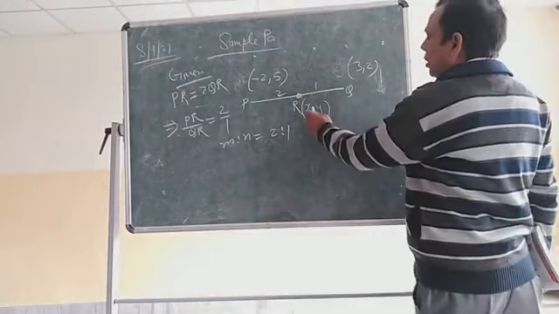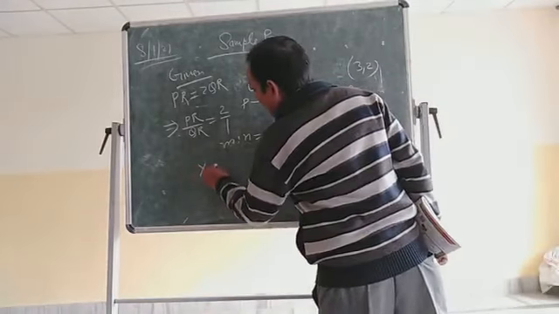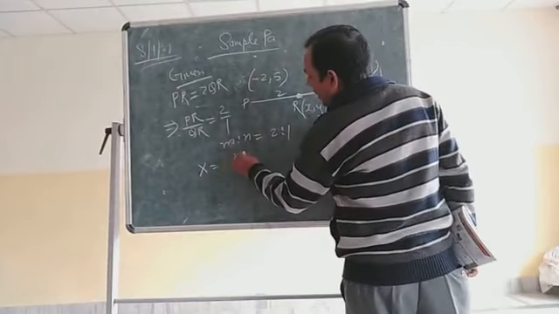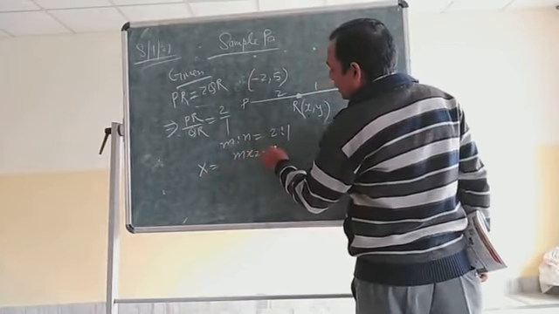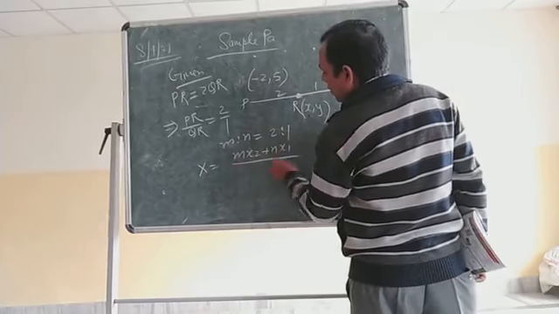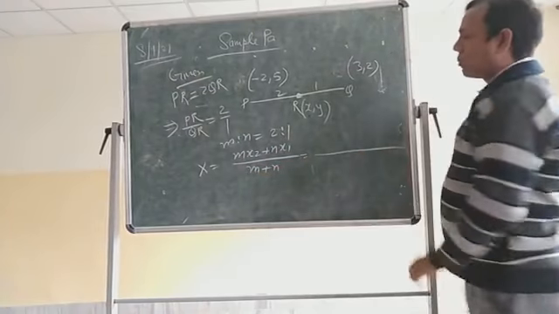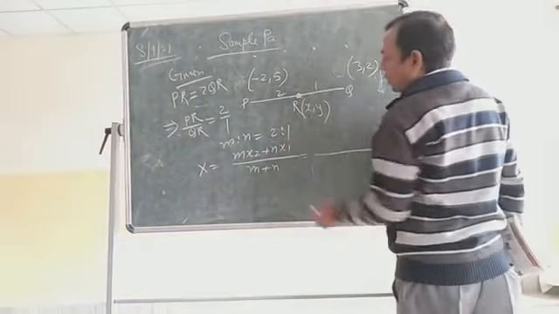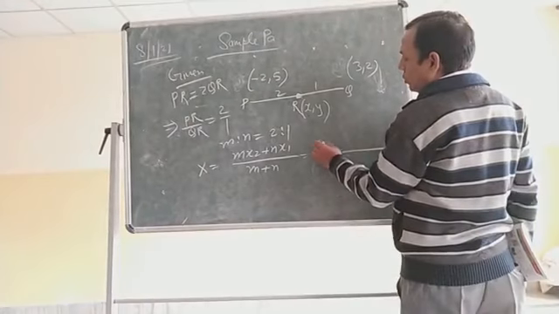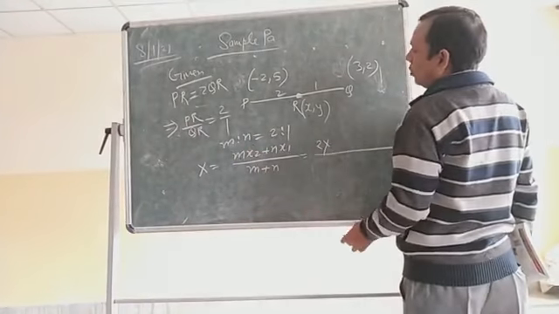According to the section formula, what is the value of x? x equal to m x2 plus n x1 by m plus n. So you can see what you put in place of m. We will apply here 2, and what is x2?